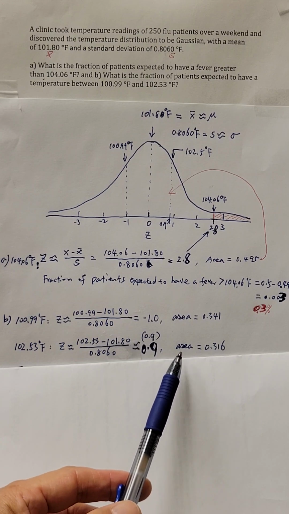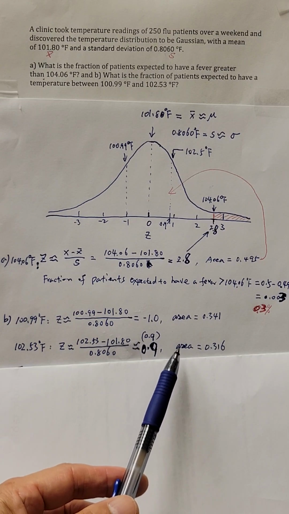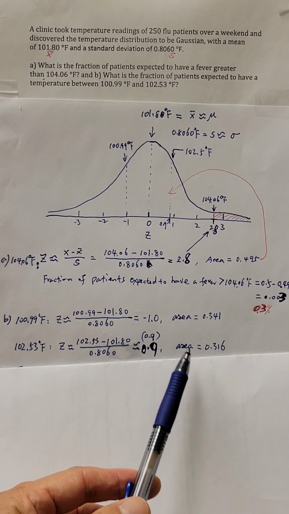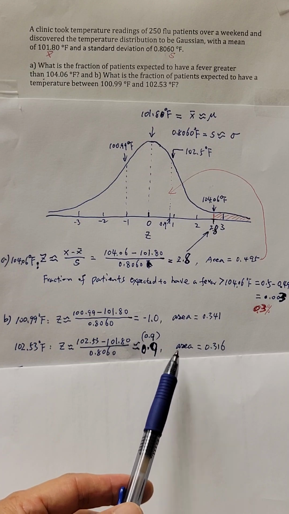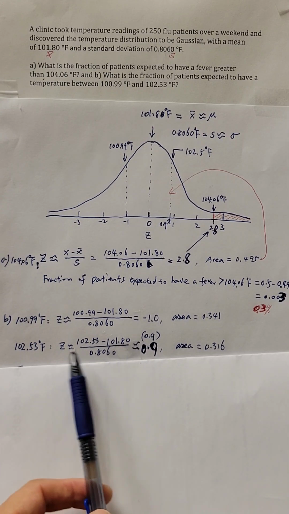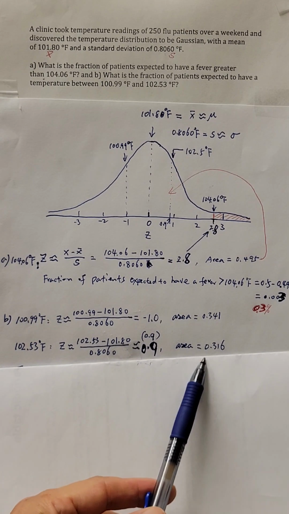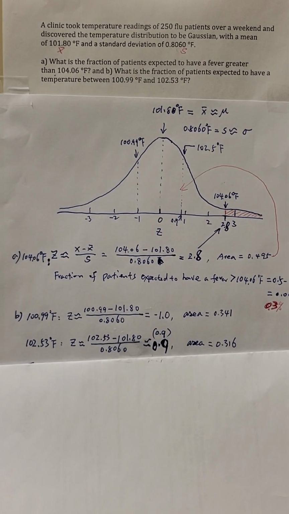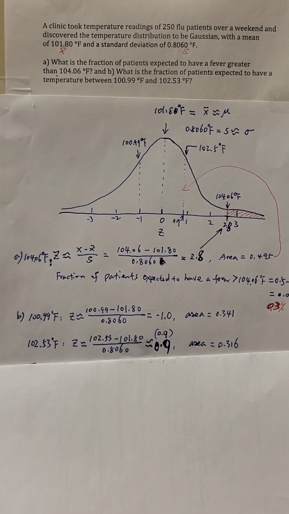Again, from the table, you will find the corresponding area for z equals 0.9 is 0.316. Okay, now how do you answer this question?